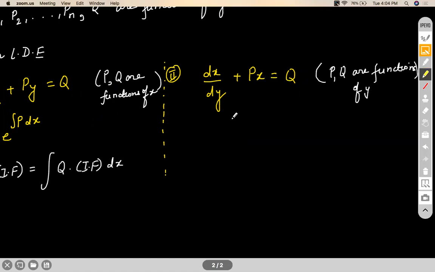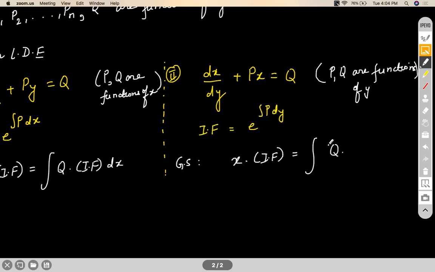For such a linear differential equation, the integrating factor is e to the power integral of P dy. Sorry for writing dx, it is dy. And the final general solution is x into the integrating factor is equal to the integral of Q into the integrating factor with respect to y, and of course put one constant of integration after you are done with the process.